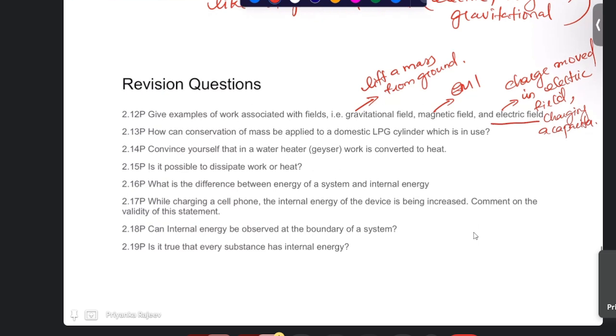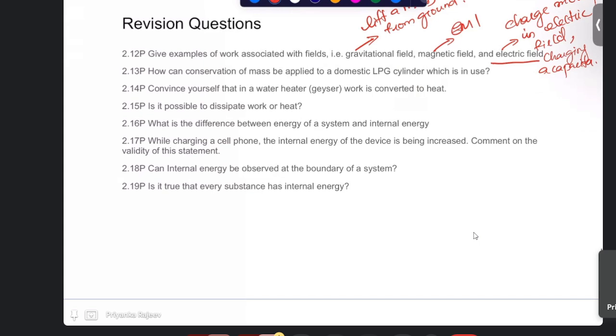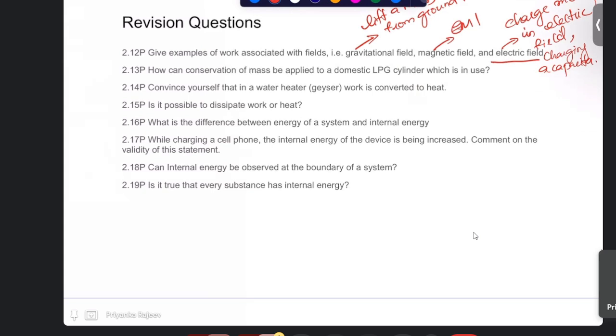Next up, how can conservation of mass be applied to a domestic LPG cylinder which is in use? Question 2.13. So the LPG cylinder, what is it having? Just one outlet. It has an outlet, doesn't have an inlet.